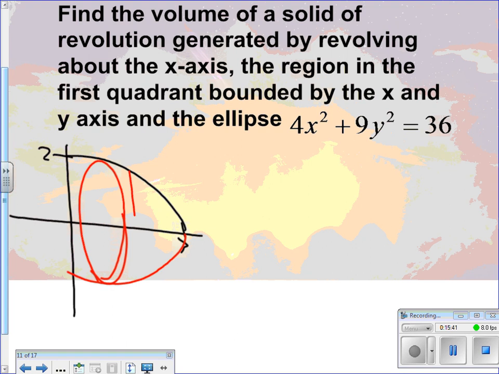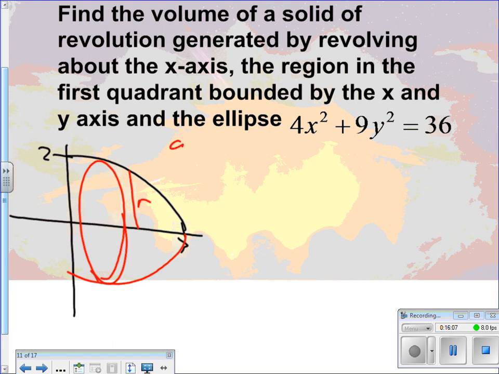My radius is this distance here. So I have to stop and think, okay, what is that? Well, that's my equation, but the problem is I can't have my x's and y's mixed together. So what do I have to do? Solve for y.